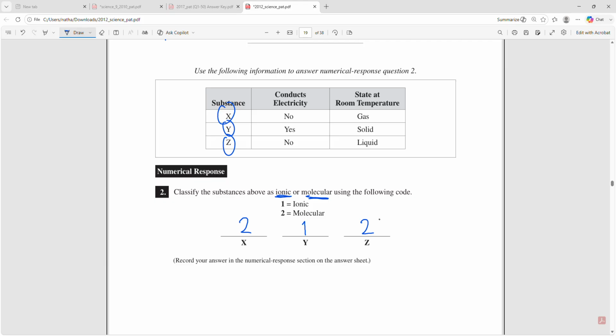The big giveaway is mostly that it conducts electricity. So ionic compounds have metals in them, so they have the ability to conduct electricity. So Y is going to be ionic. And the others that do not conduct electricity are very likely not ionic. So we're going to label those as molecular.